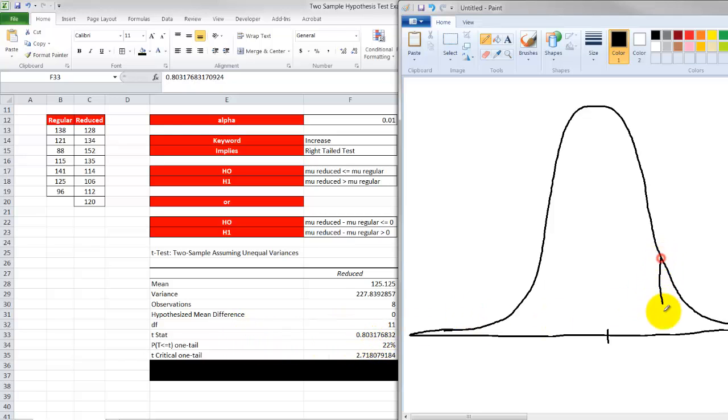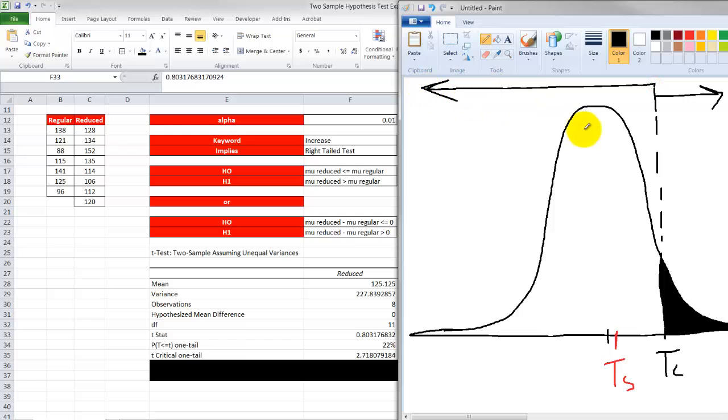The test critical would be somewhere here, and I'll write that as TC. Now, where is our test stat? Our test stat is close to 0. I'll put that here. If we draw a line straight up, this is our rejection region, and the other side is our fail to reject.